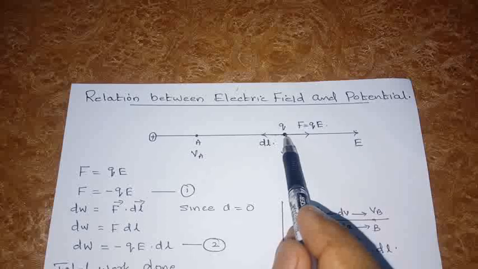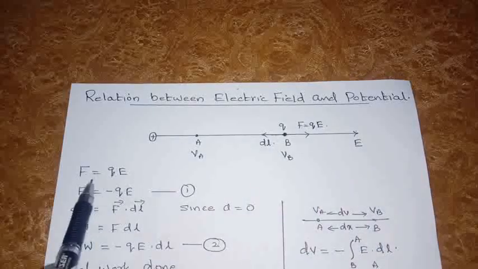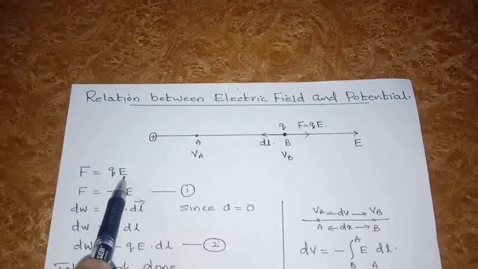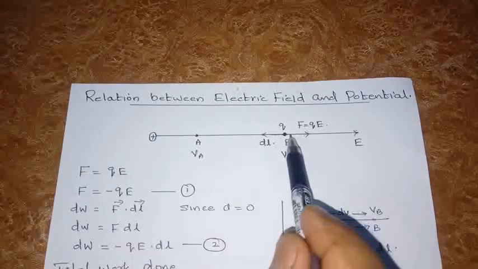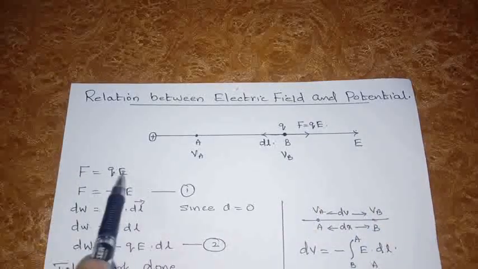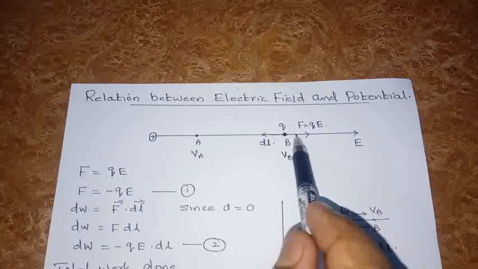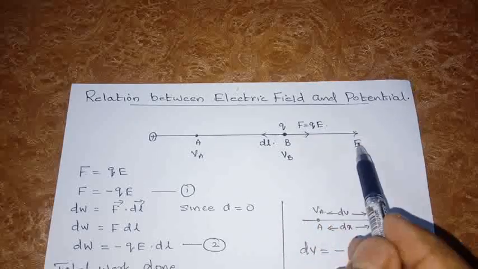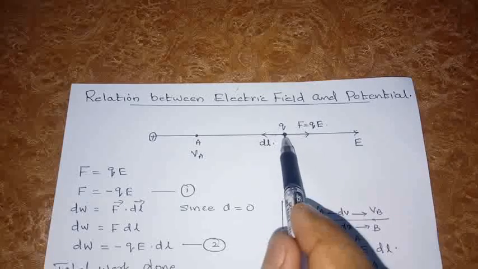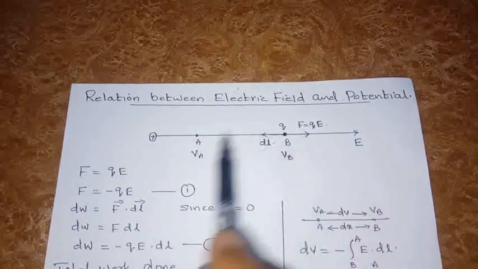It experiences a force. What is the force experienced by the charge Q? F is equal to QE is the force experienced, and the direction of that force will be like this. I'm not writing the vector nature here. The direction of the force is in the direction of the electric field, since it is a positive charge. If this charge was negative, the direction of force would have been the opposite.